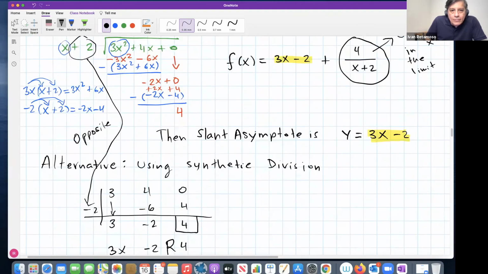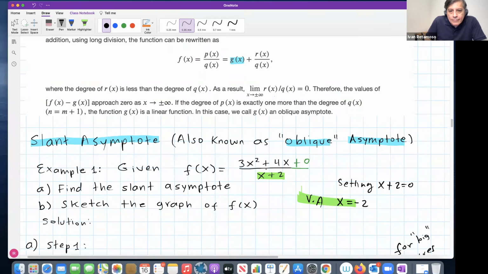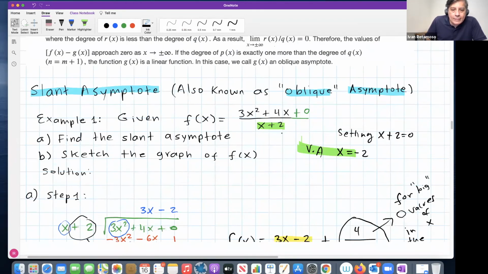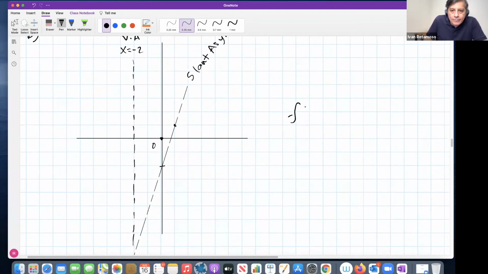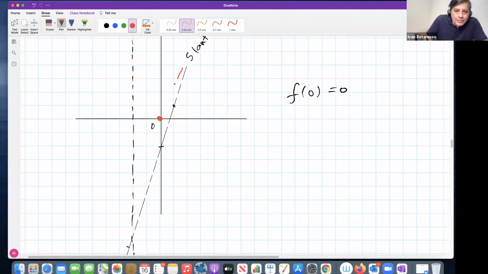This function at 0 is 0 here, 0 here, 0 plus 2, 2, 2 into 0, 0, right? 0. So our function f of x evaluated at 0 is 0. What is that telling me? It's telling me that this point is a point that is part of the graph. So this tells me that definitely the curve has to go like this. All right, like this.